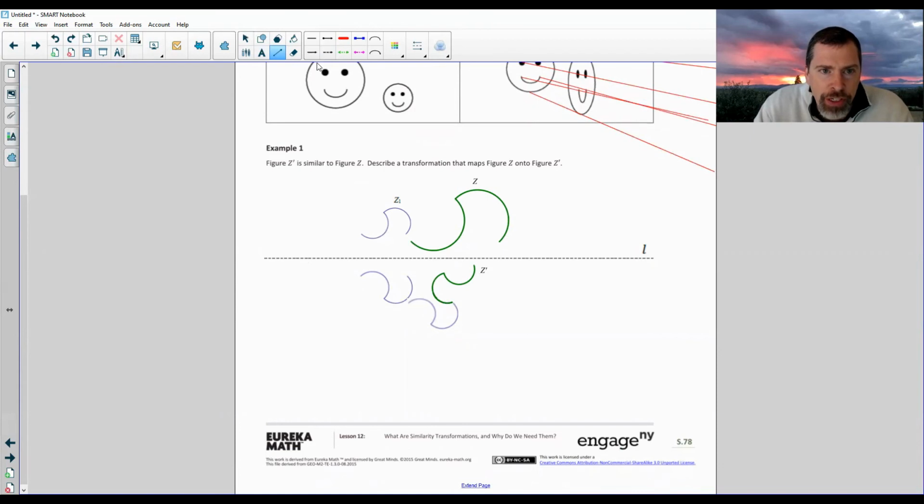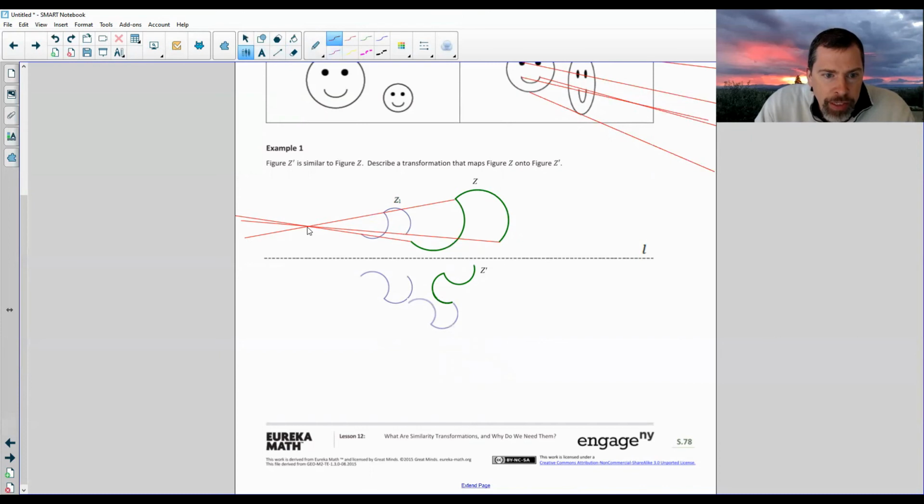So the first thing we had to do was find a dilation. The first, from Z to Z1, is a dilation. So if I chose this point right here, and then I chose the end of this arc going through the end of this arc, and then the end of this going through the end there, then we find a point of dilation.